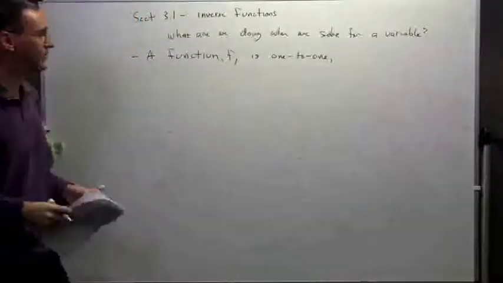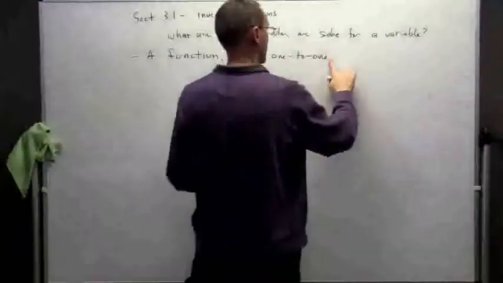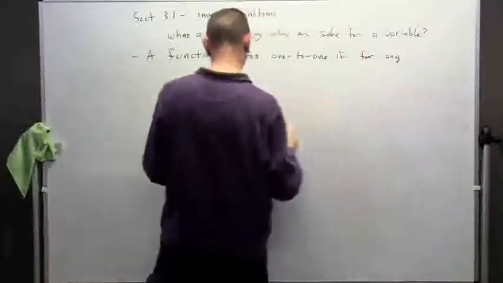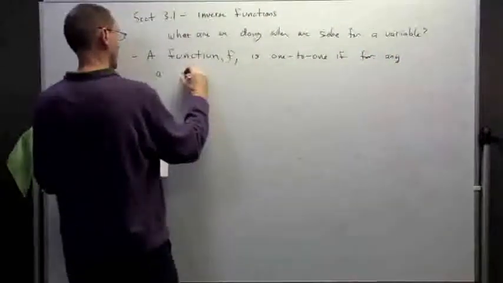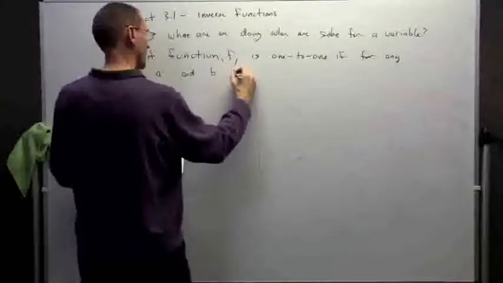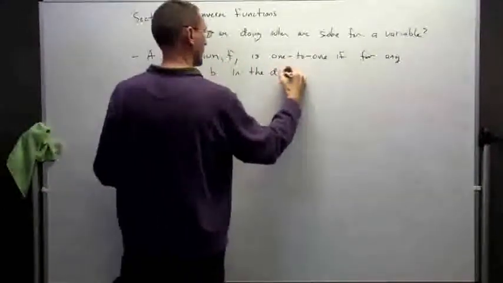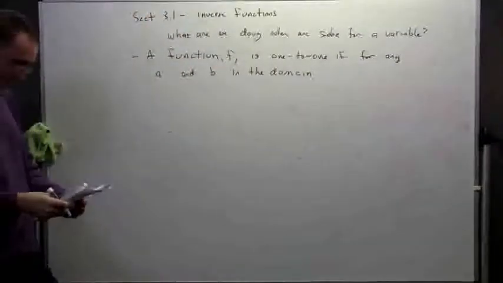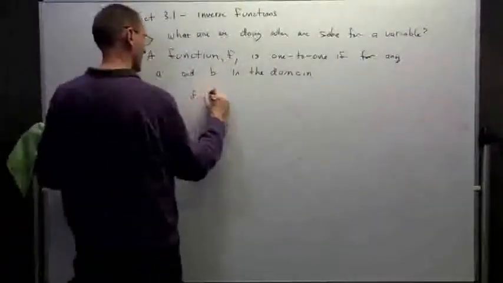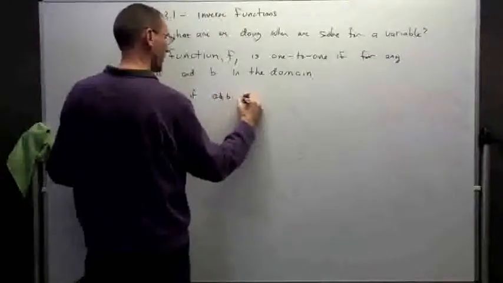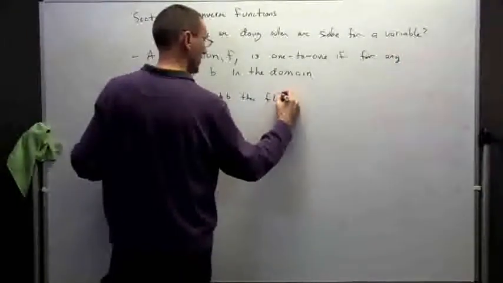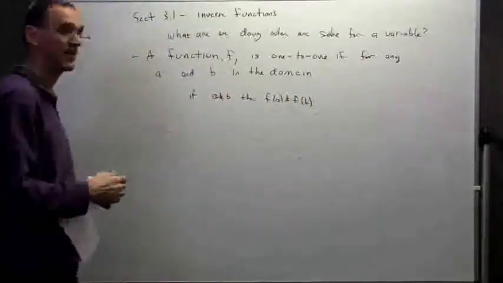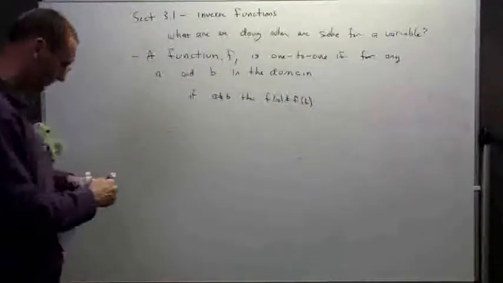Okay, so I'm going to say a function is one-to-one if I pick any A and B in the domain, A is not equal to B, then the value of the function can't be the same. This has to be true for everything possible.